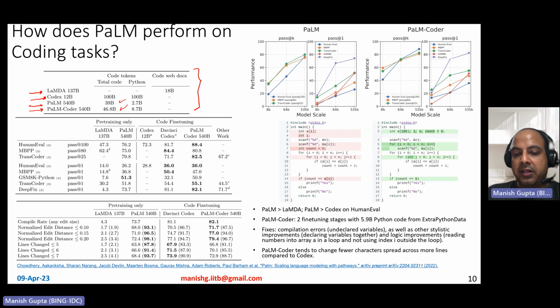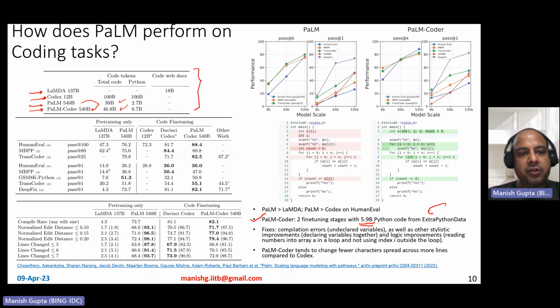The way the PaLM Coder model has been tuned is as follows: two fine-tuning stages with 5.9 billion Python code tokens from the ExtraPythonData dataset, used to further fine-tune the PaLM model to get the PaLM Coder 540 billion model. They use two different fine-tuning stages, with different proportions of Python code versus other code versus typical NLG data, and that is how they fine-tune the PaLM Coder.